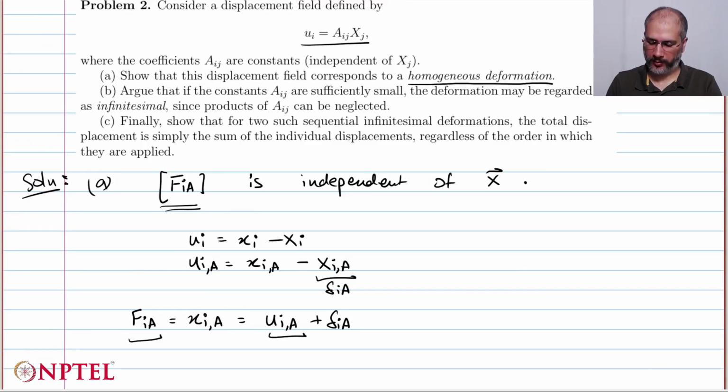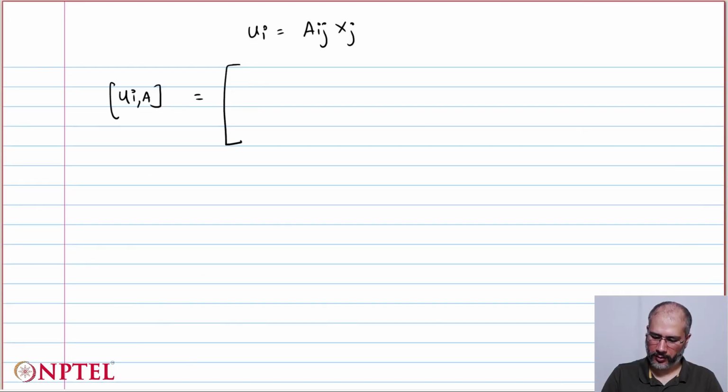and then I can check for the components of F not depending on capital X's. So when I take the first derivative of u1 from here, if I write u1, for example, that becomes a11 X1 plus a12 X2 plus a13 X3. So from here we can see that del u1 by del capital X1 is a11.